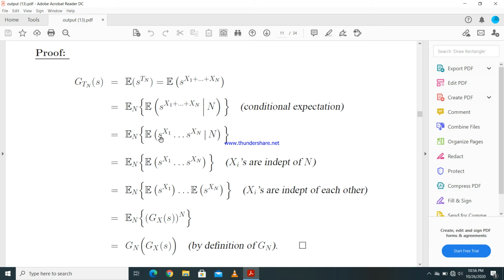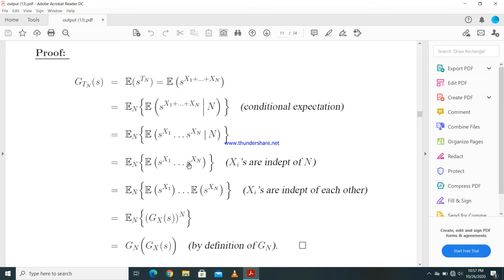So we can write this as s to power x1, s to power x2, likewise up to s to power xn. So the summation we replace by the multiplication, and then we know these x's are independent of N.